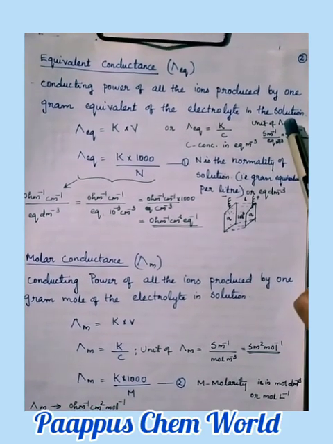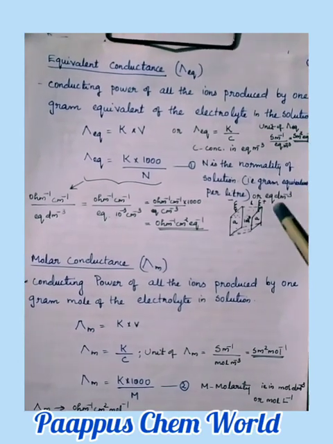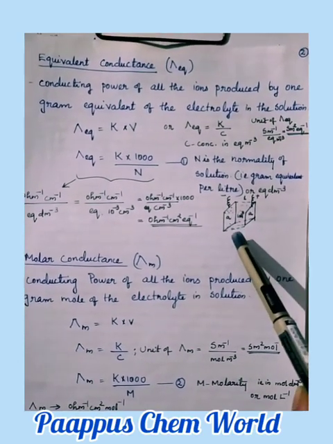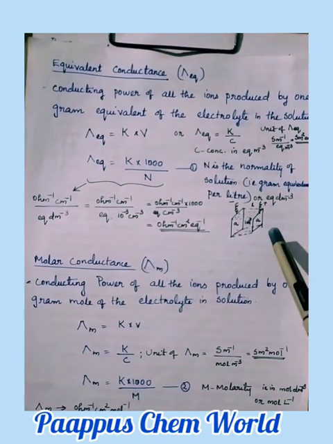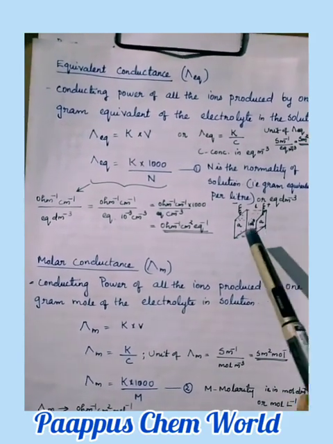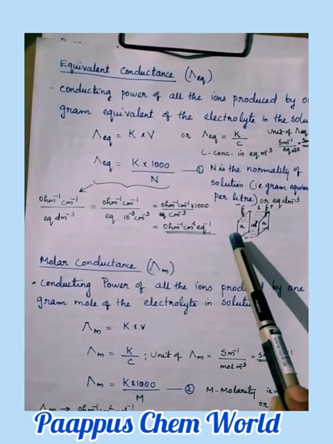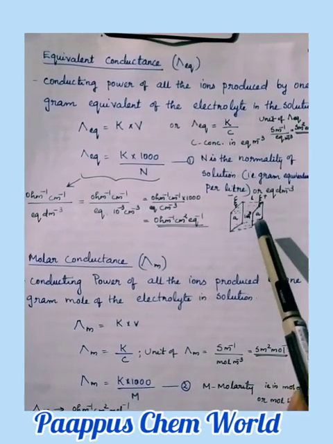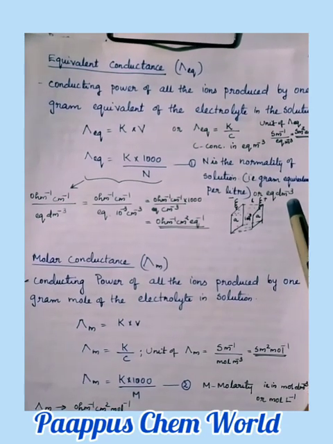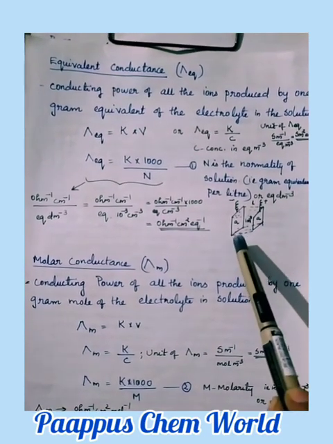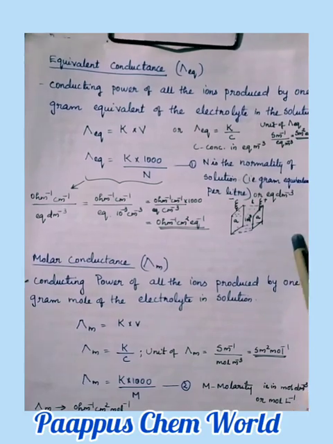For the explanation, we are considering two electrodes, a negatively charged electrode and a positively charged electrode. These two electrodes are separated by a distance L. This L becomes 1 meter or 1 centimeter, unit length apart.